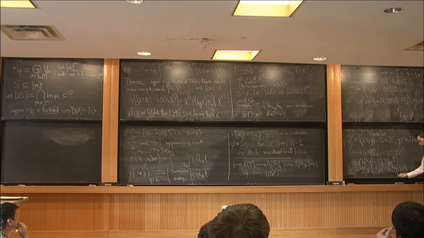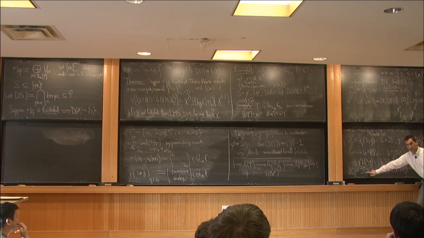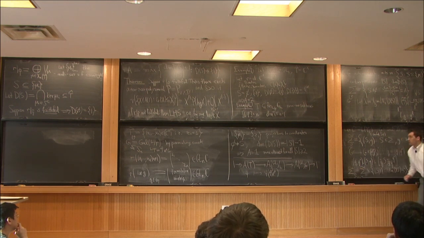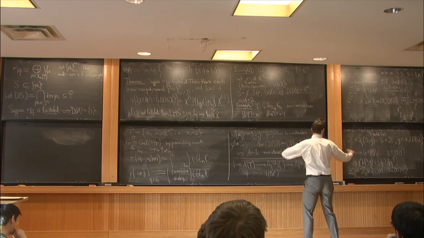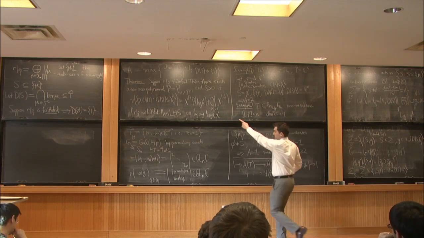OK, so this set here is preserved by the G tilde action, so I can throw out that orbit, and I'm left with this set. So I'll give a concrete example of this after I state the result on the degree of P.